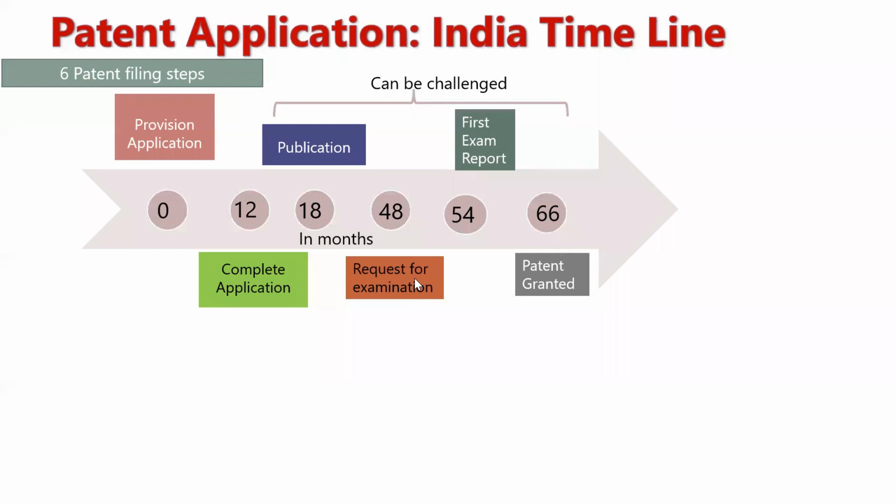In this duration, from the 12 months to the patent being granted, anyone can oppose your patent.